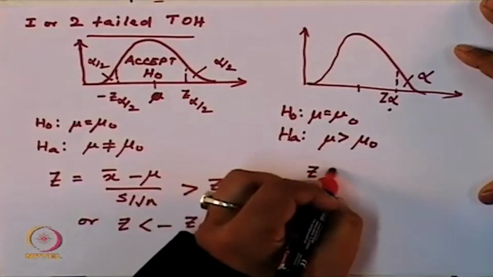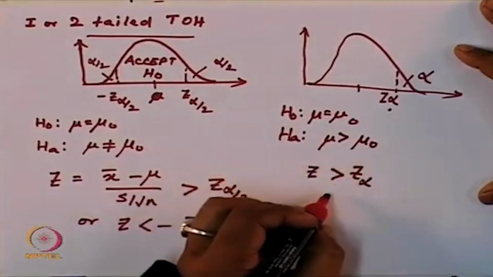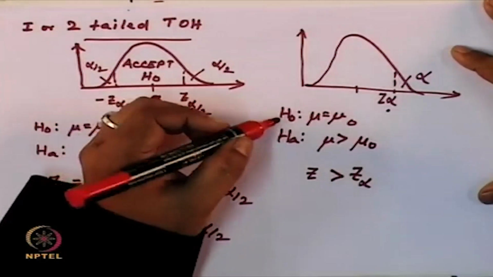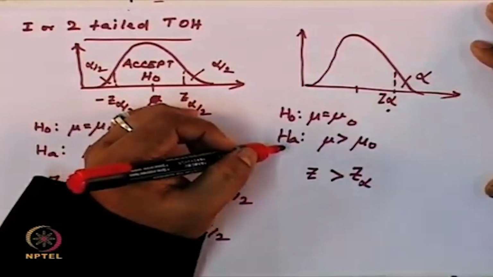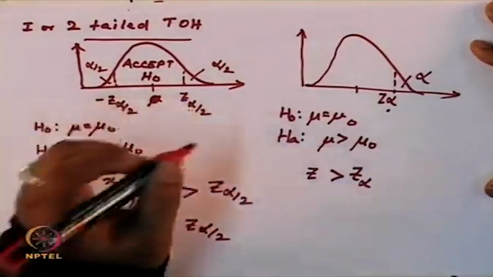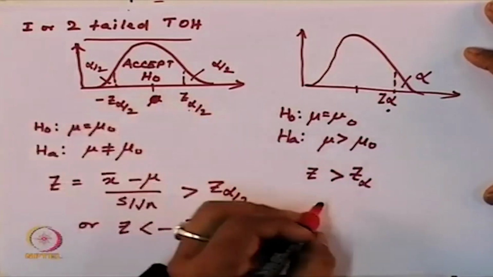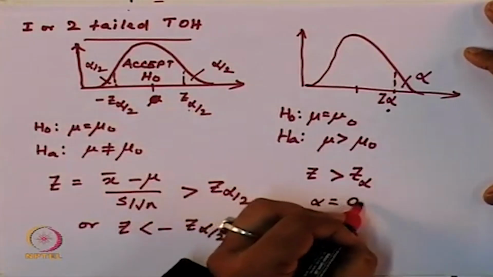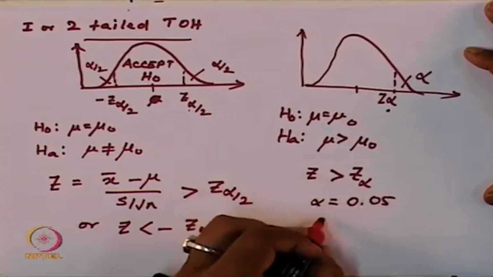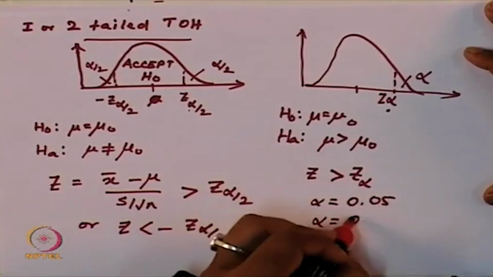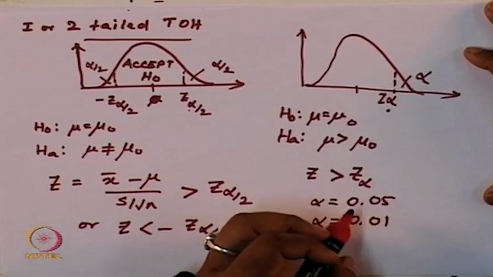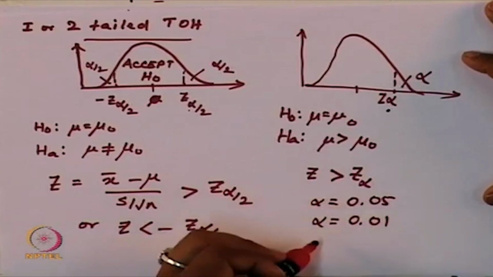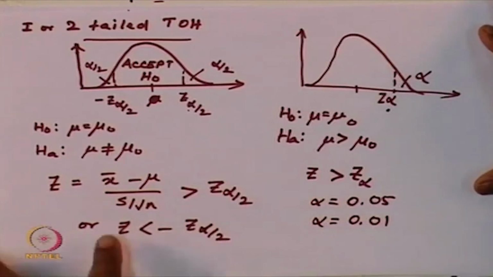If your test statistic is greater than z alpha, then you will reject your hypothesis and accept your alternate hypothesis. Now, alpha corresponds to the confidence level. For a 5% significance level, you have alpha equal to 0.05, for 99% confidence level, you choose alpha equal to 0.01, and so on and so forth.